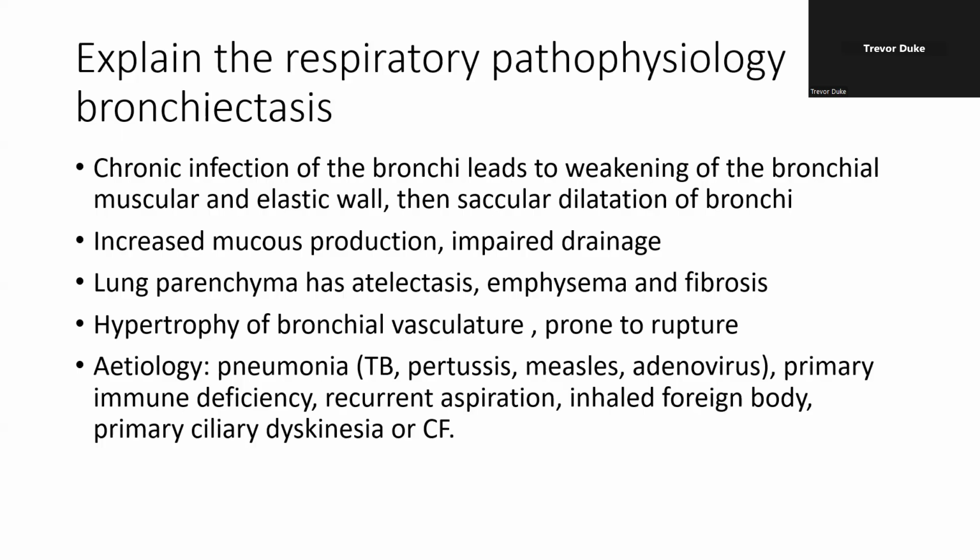There are other children with bronchiectasis that might have an immune deficiency, such as HIV or such as a severe combined immunodeficiency. So there are some inherited immunodeficiency syndromes that lead to chronic infection, lead to chronic suppurative lung disease, and can lead to bronchiectasis. Recurrent aspiration is also a cause of these pathophysiological changes.